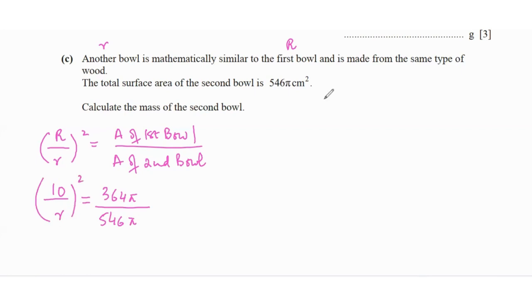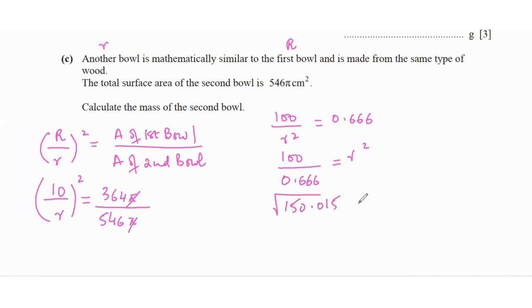So that's going to be 100 over r squared equals, pi's get cancelled out, 364 divided by 546, which is 0.6 recurring. So 100 divided by 0.6 recurring equals r squared, which is 150.015. Square root that.